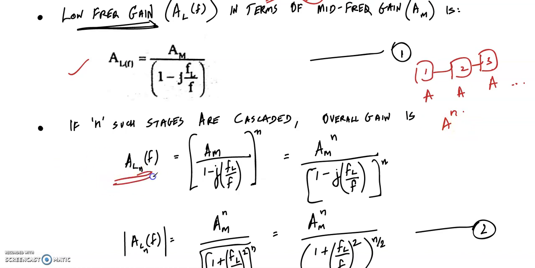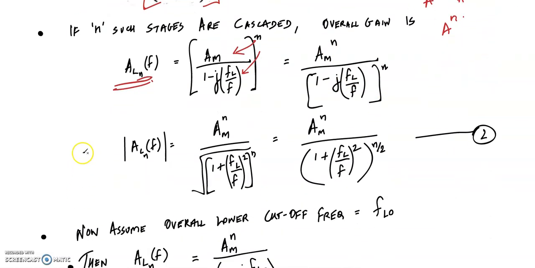And in our case, this is A. ALN of F is equal to our expression, the whole thing raised to n. So AM by 1 minus j into FL by F, whole raised to n. Let us give this n to the numerator and the denominator. It becomes AM whole raised to n by 1 minus j FL by F whole raised to n.